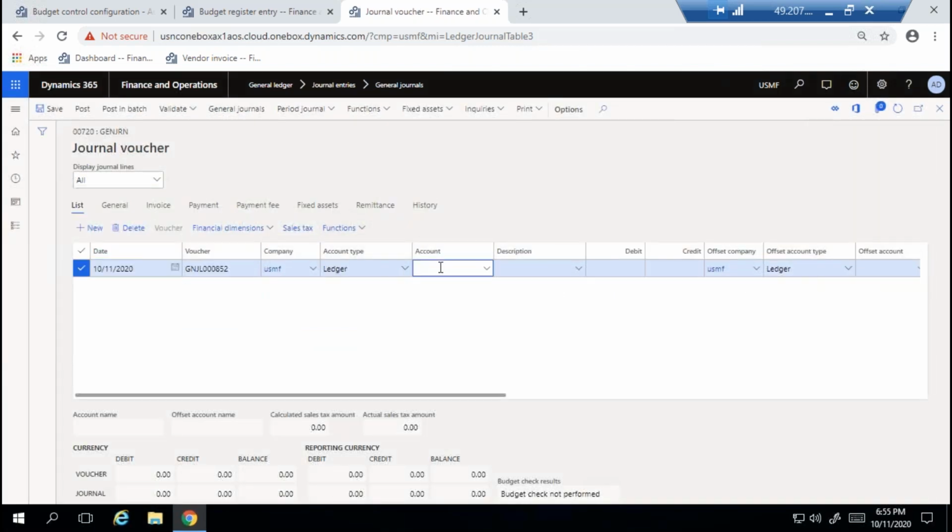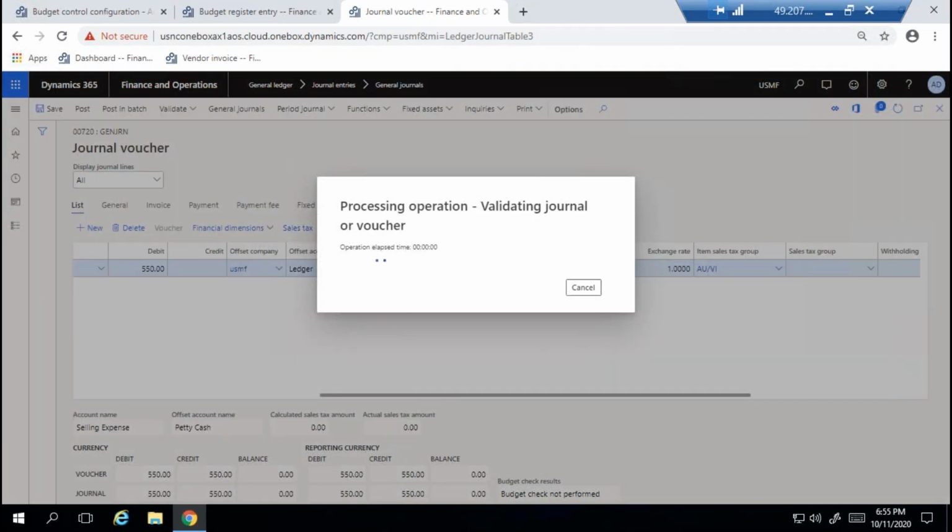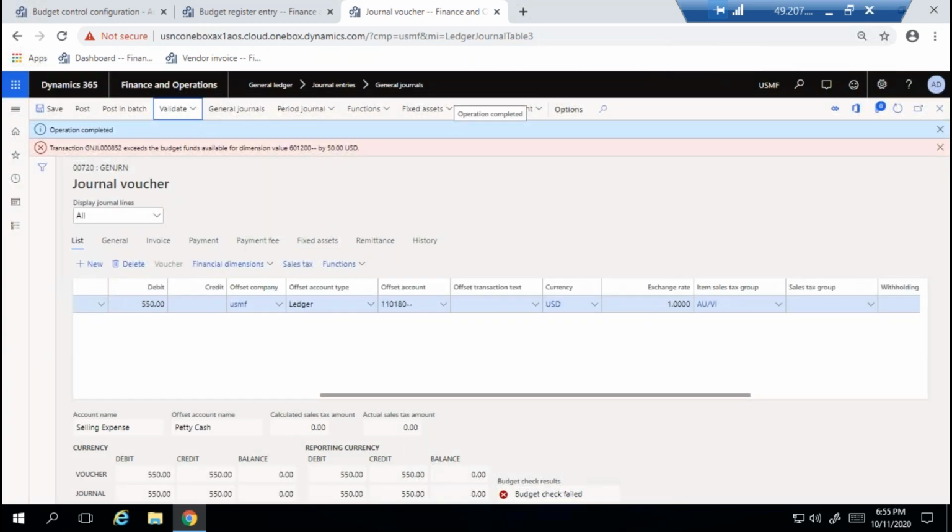So I'm entering 601-200 for that account which I have chosen. I'm entering 550. I'm posting. So I'm clicking on validate. What is it telling?